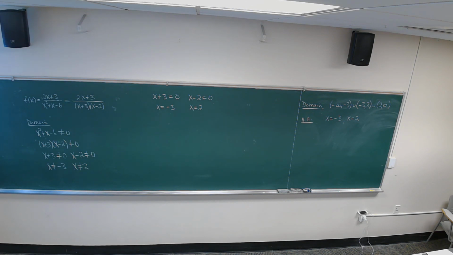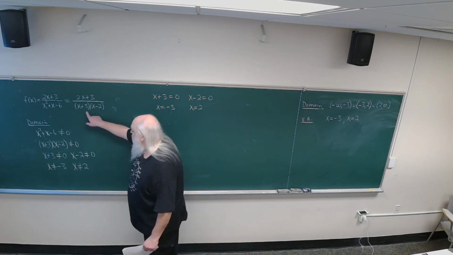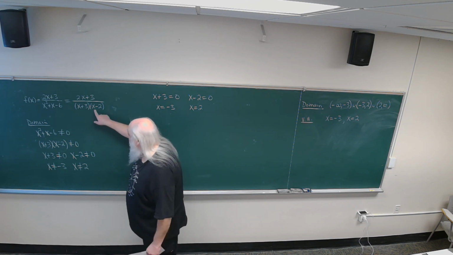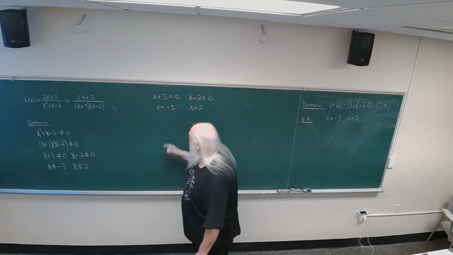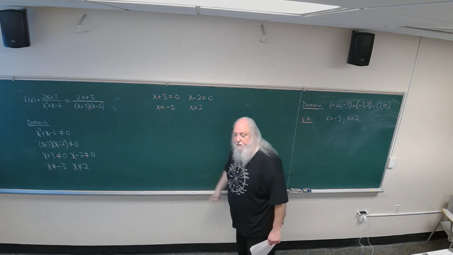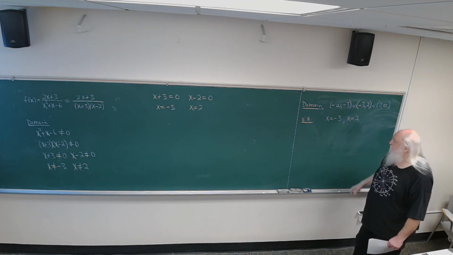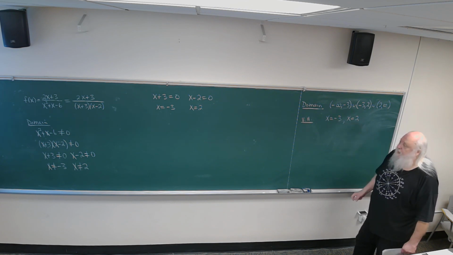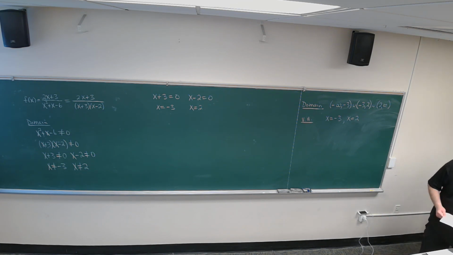And so you can see at x equals -3, the denominator equals 0, but the numerator doesn't equal 0. And at x equals 2, the denominator equals 0, and the numerator doesn't equal 0. So that means we have vertical asymptotes at x equals -3 and at x equals 2. And the equations for those two vertical asymptotes are the vertical lines x equals -3 and x equals 2. Any questions on that?